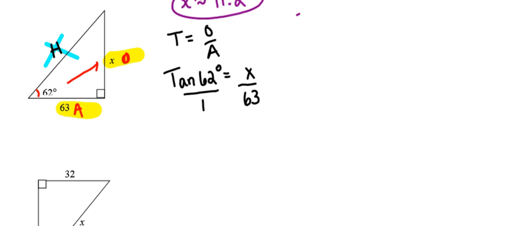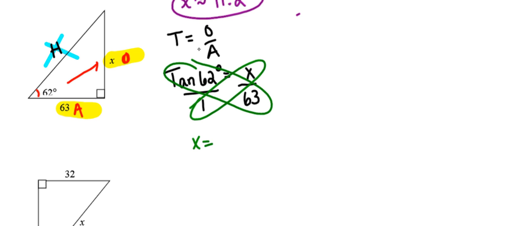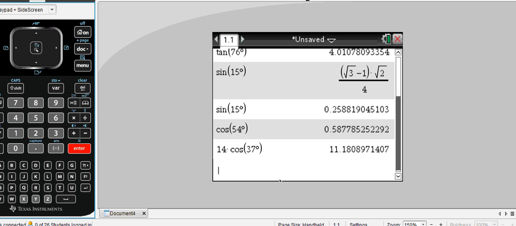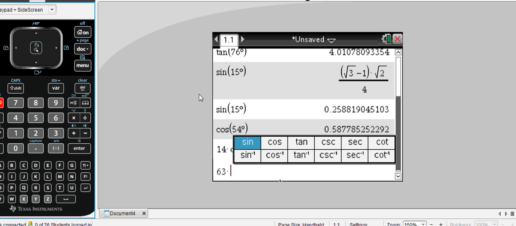Again, I'm going to put that over 1 and then cross multiply. 1 times x is x. In my other direction, I've got 63 times the tangent of 62 degrees. So I'm going to once again grab my calculator and type in 63 times the tangent of 62 degrees.